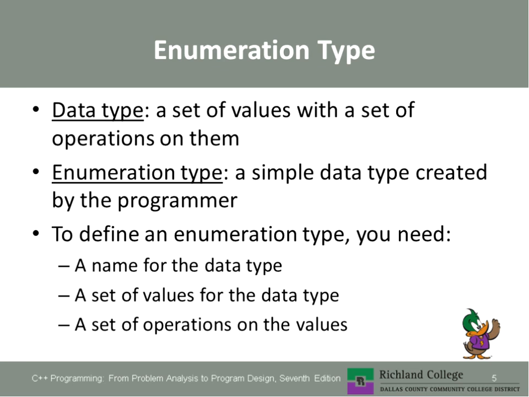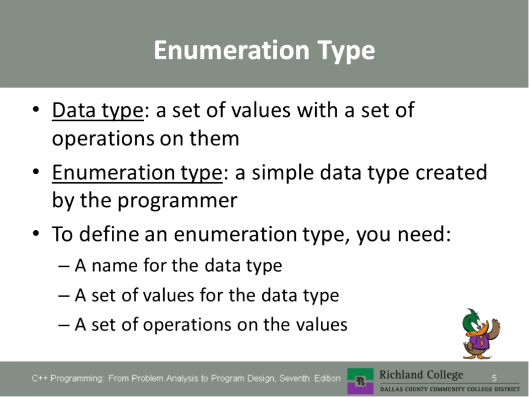So the enumeration type is what we're going to use in order to create our own data types. And so what is a data type? A data type is just a set of values with a set of operations on those values.